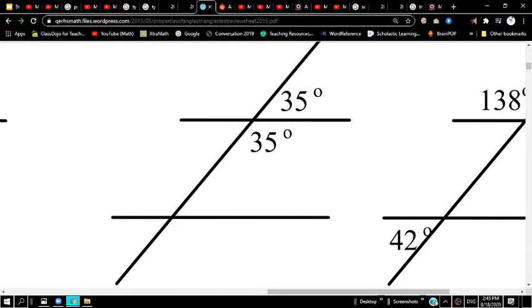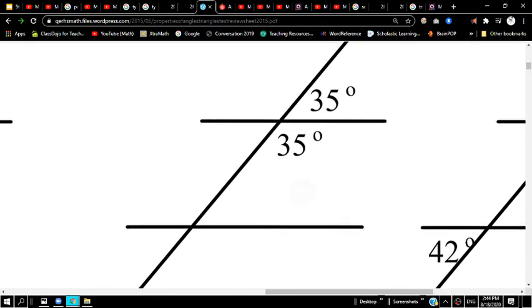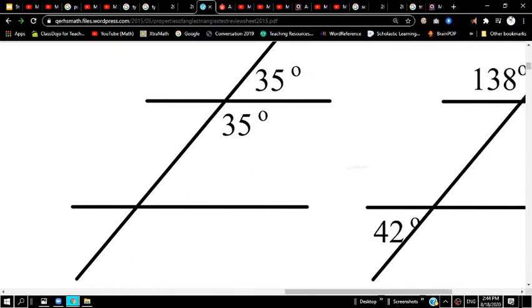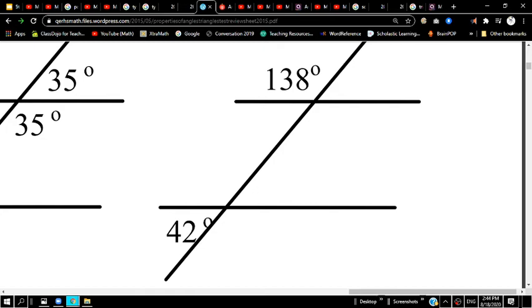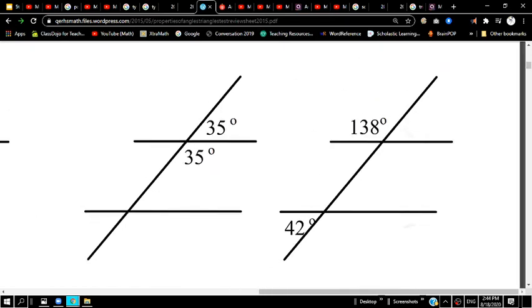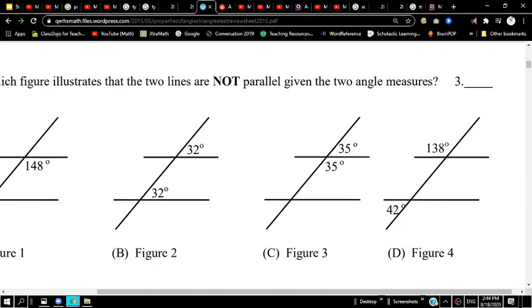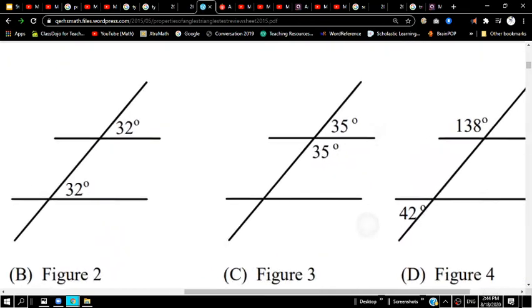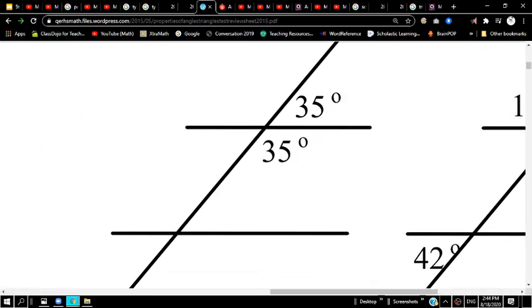Okay, these are complementary angles, and they both measure 35, but I'm not really sure about that one measurement right in the middle, that interior angle. And then we have opposite angles, 42 degrees and 138 degrees. I think taking a look at this problem, letter C is the one that shows non-parallel sides, because these two added together, if we wanted to make a straight line, wouldn't add up to 180 degrees.